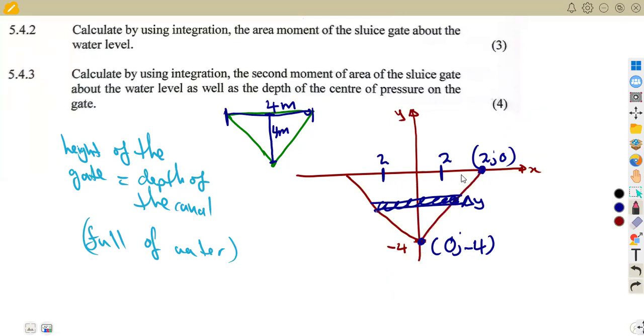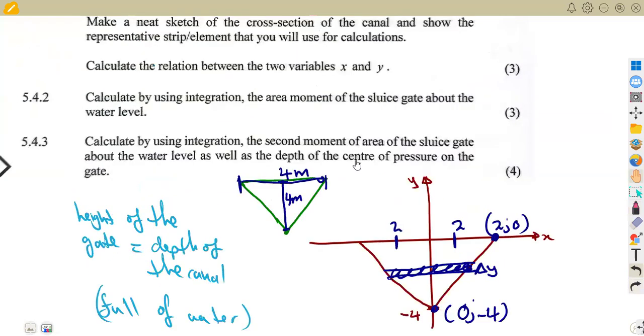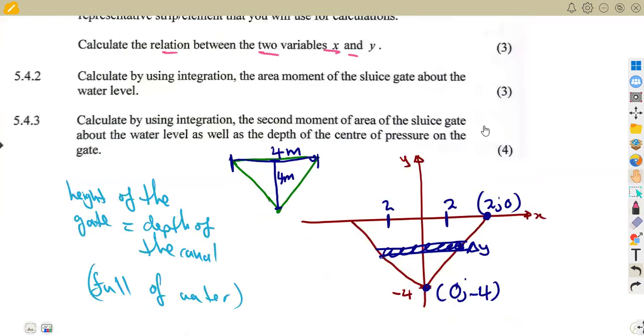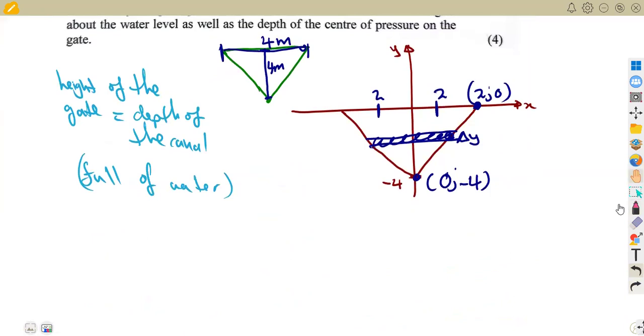Remember, we need the relationship. This is what we need here. We're gonna need this to have a relation between 2 variables, x and y. And I said on this one, you are going to have x in terms of y, all right? So like I was explaining, it's an advantage type of equation that we are given here.